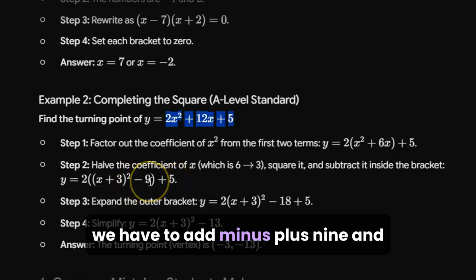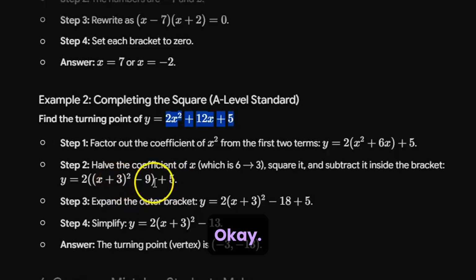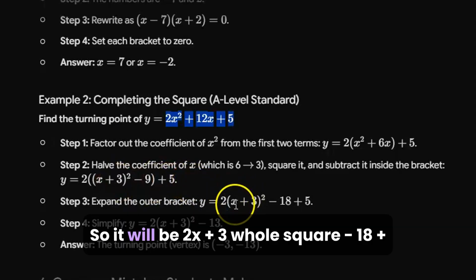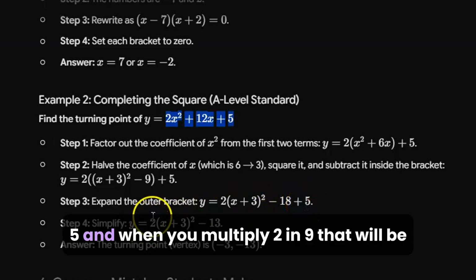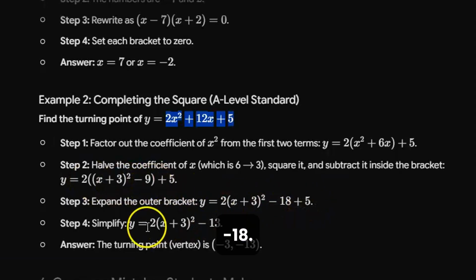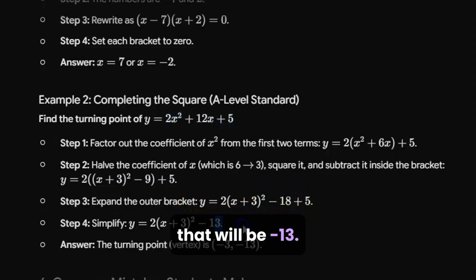So we have to add and subtract 9 to make a perfect square. Multiplying 2 by 9 gives -18, so it will be 2(x + 3)² - 18 + 5, that is 2(x + 3)² - 13.